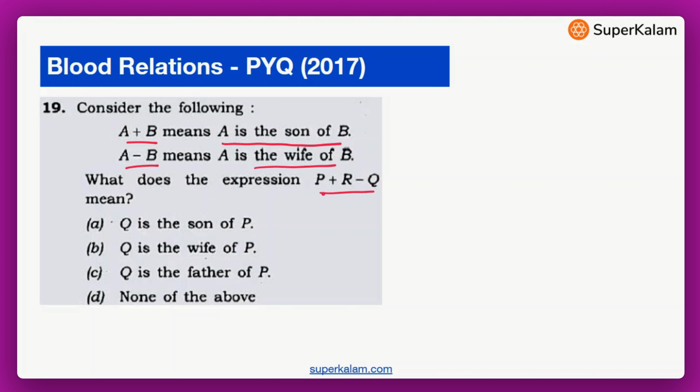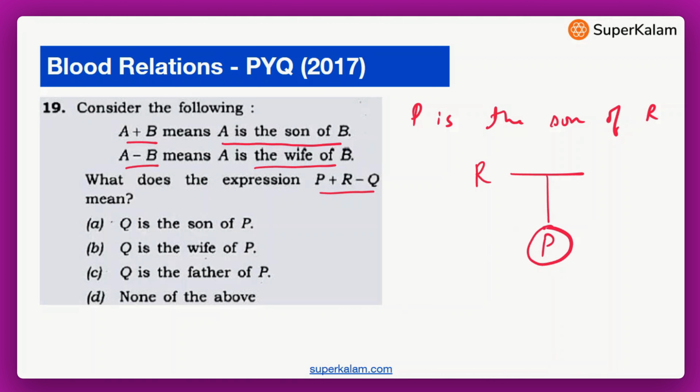Now P plus R. What does P plus R say? P plus R says that P is the son of R. If we try to draw it through a family tree, then R has married someone, we don't know that someone, and as a result of that marriage, P is a son out of this marriage.